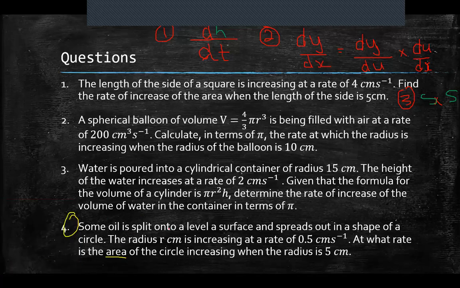Some oil is spilt onto a level surface and spreads out in the shape of a circle. The radius r centimeters is increasing at a rate of 0.5 centimeters per second. At what rate is the area of the circle increasing when the radius is 5 centimeters?